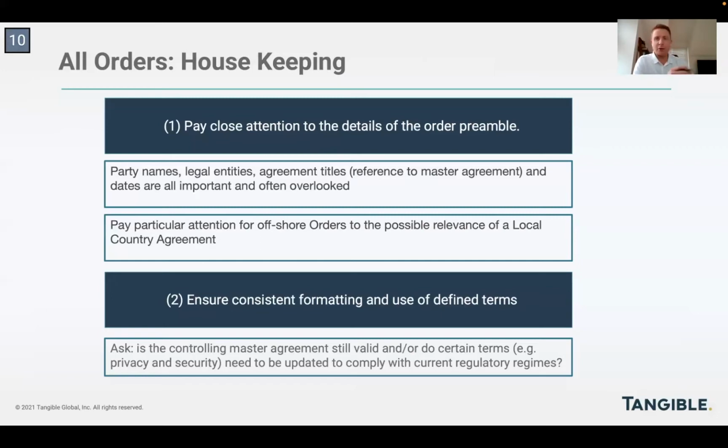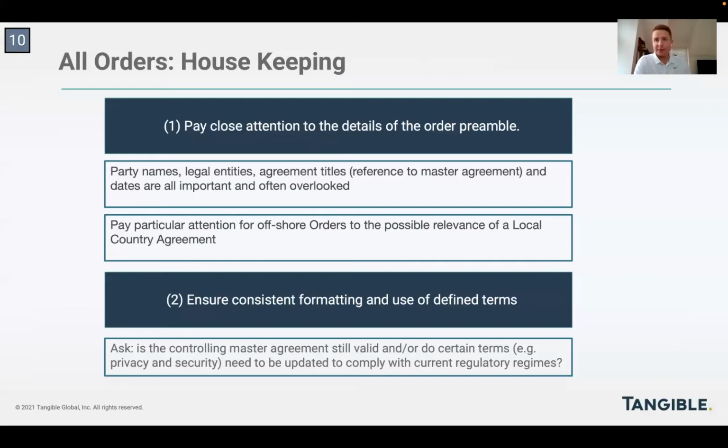And the final point for this slide is a really sophisticated and complex legal question that's lurking here, unassumingly, in a preamble. And that is, when you're referencing a master agreement, you need to make sure that the provisions of that master agreement are current and applicable and adequate to the order form that you are reviewing.